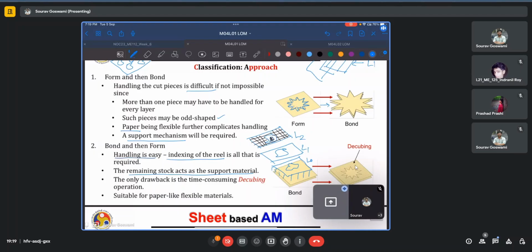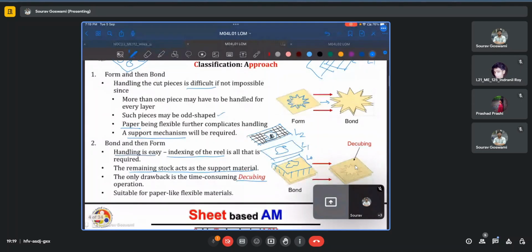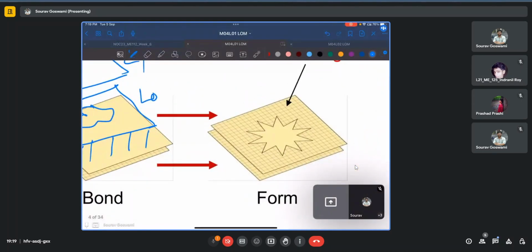There is one drawback, which is the decubing process. Decubing refers to the removal of these grids that are to be cut out or eliminated later.